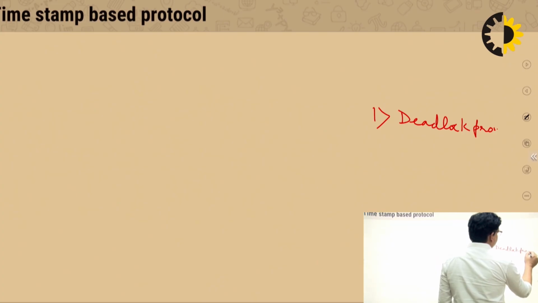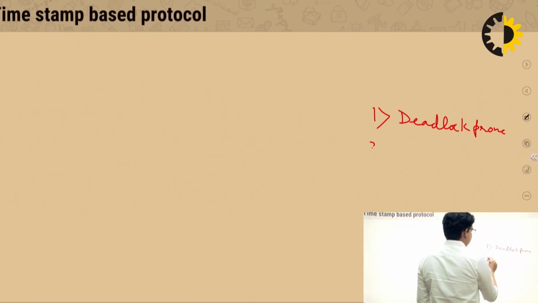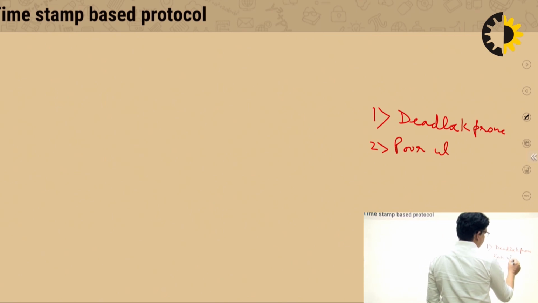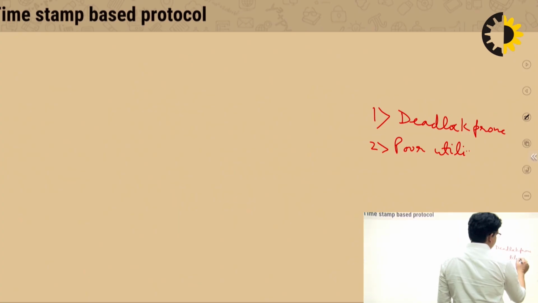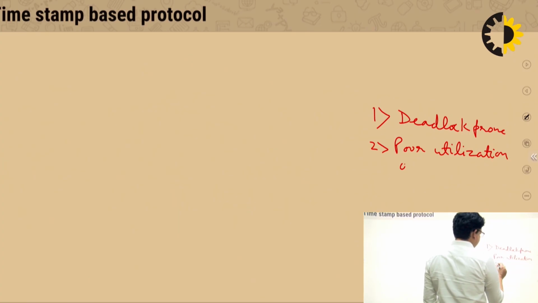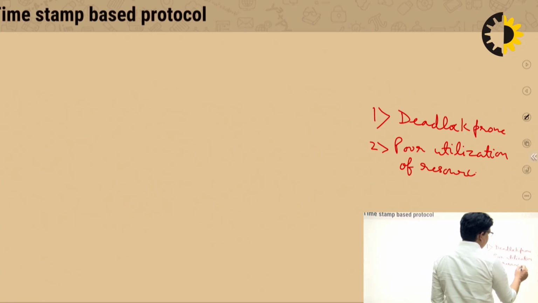The second is poor utilization of the resource and lower concurrency, since other transactions are not able to perform their operations, since only one transaction is holding the resource.